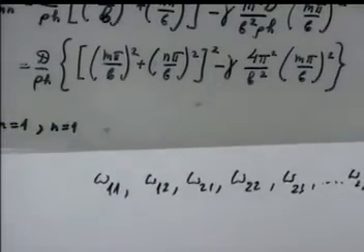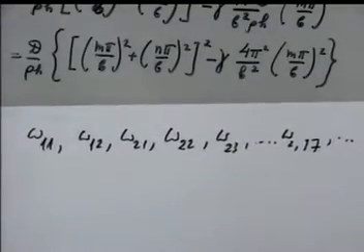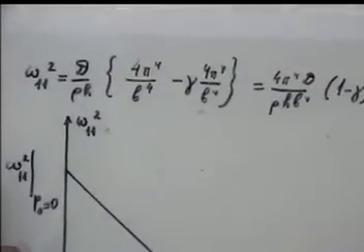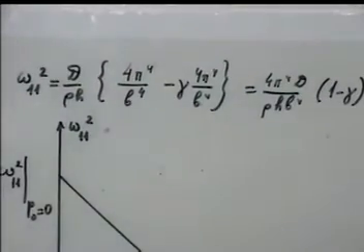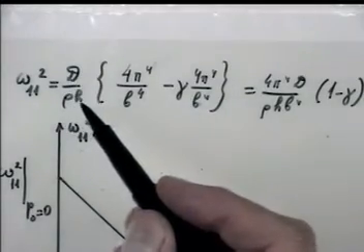Now let us start. Naturally, we can calculate omega 1,1, omega 1,17, whatever. Let us start with omega 1,1. So we get d over rho h.